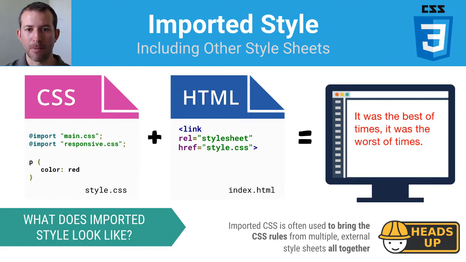Notice how in my HTML, my index.html file, I only have one link element, and it points to style.css. So imported CSS is often used to bring the CSS rules written in many different style sheets together and to keep things clean.